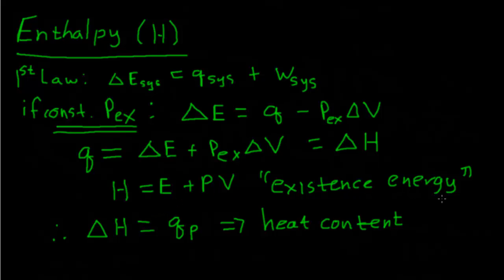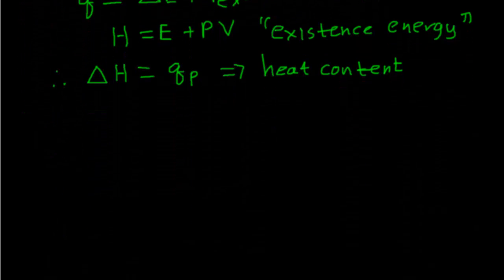It's called existence energy because if we think of something that exists in this world, let's scroll down here and think about a person. For the person to exist, all of the molecules and atoms and electrons that make them up give rise to the internal energy of the person. But if a person is to exist in the real world, that person also has to create space. That means they have to push the rest of the surroundings out to create space for themselves to exist.